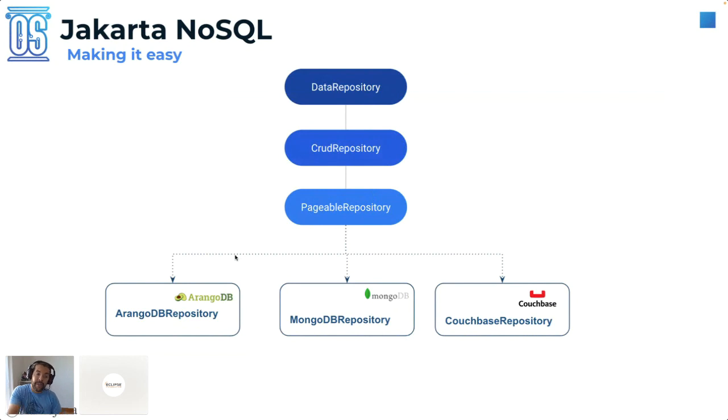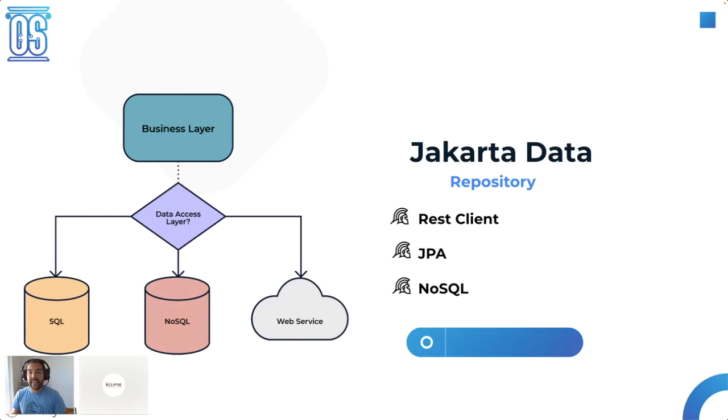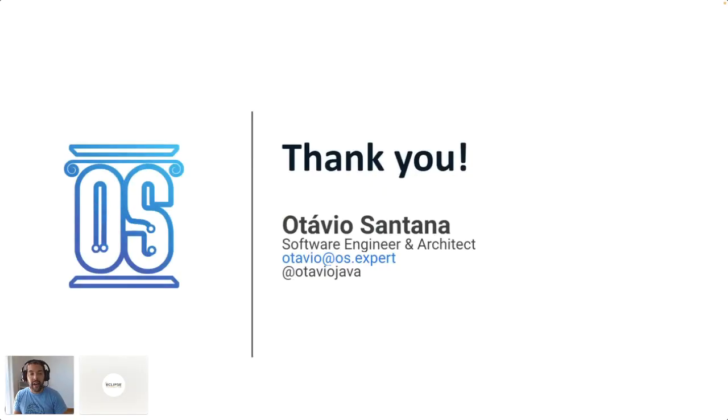If you want to use particular behavior, you can go through the database repository, but it might be harder to switch between these providers. That is the idea of Jakarta Data, where I have my business layer, my entity, my repository, and then my implementation that, as you can see, I don't even need to care about. I don't even need to know about it. So the data comes from SQL, NoSQL, and web service. That is all for today.